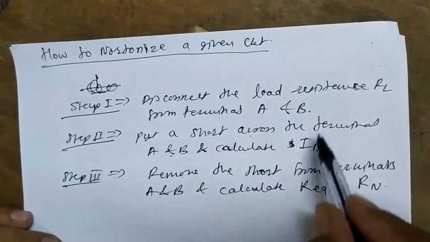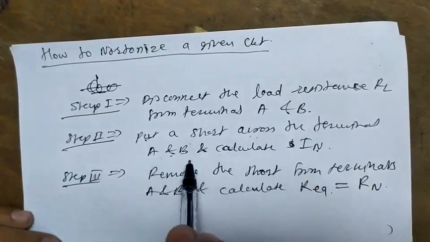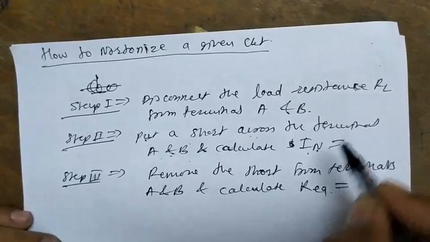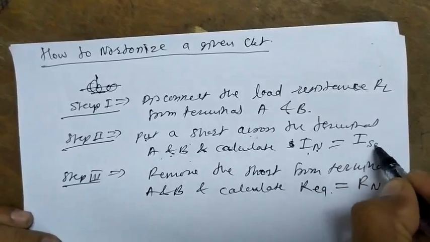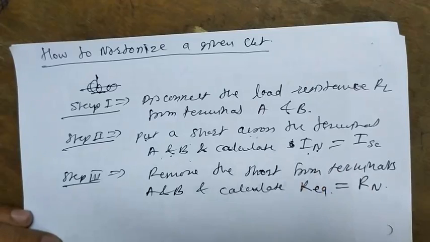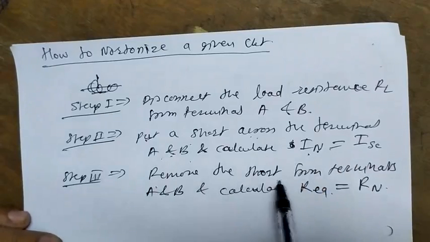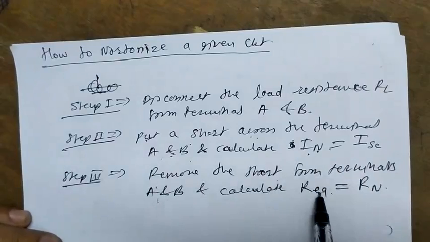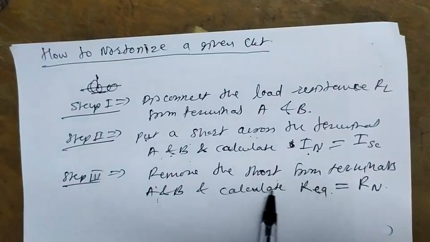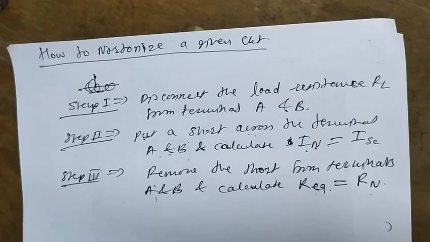Here the IN, that is, put the short across the terminal A and B and calculate IN, because of the short we can call that current the short circuit current ISC, that is equal to IN. And here remove the short from the terminals A and B and calculate the R equivalent, the equivalent resistance of that circuit, that will be the RN.